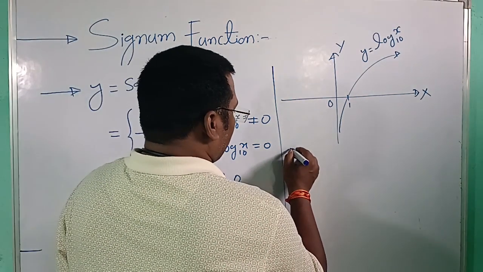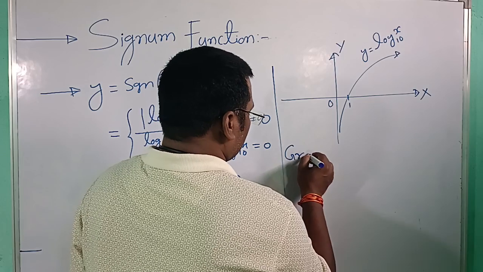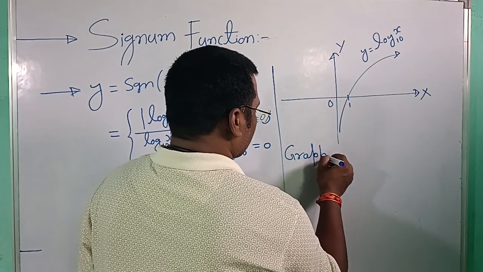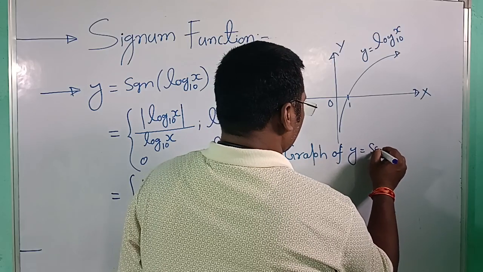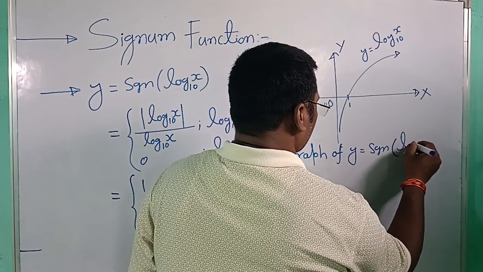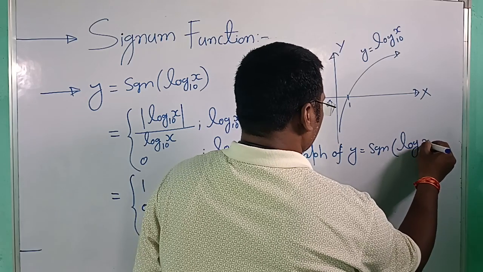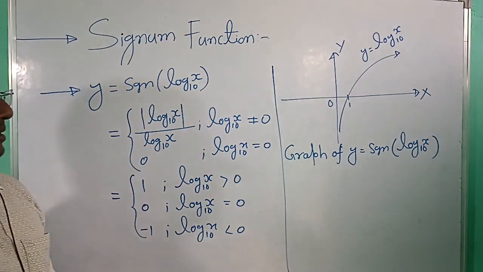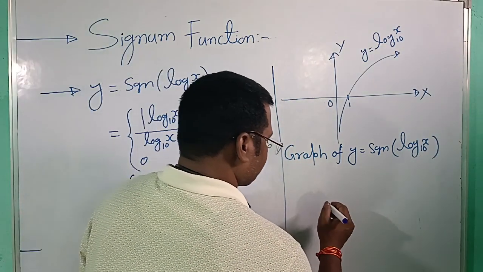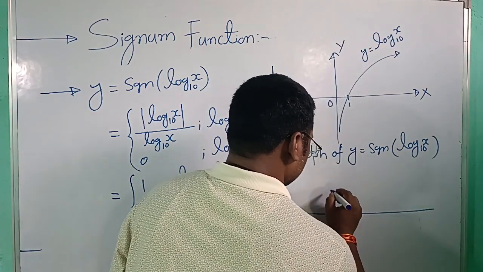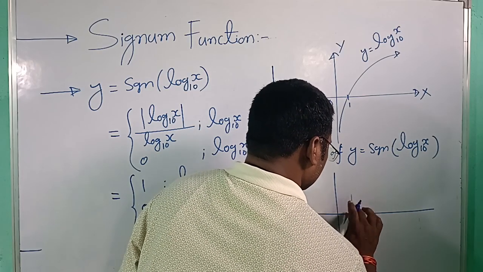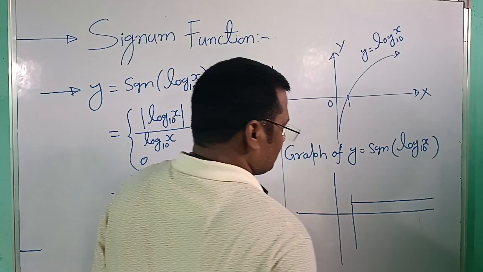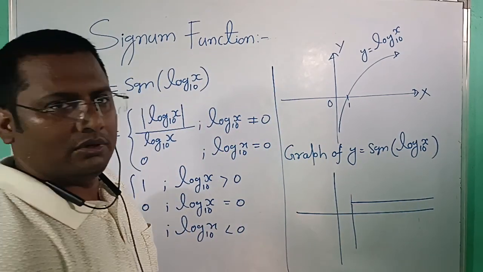So the graph of signum function will be this: 1 for x greater than 1.